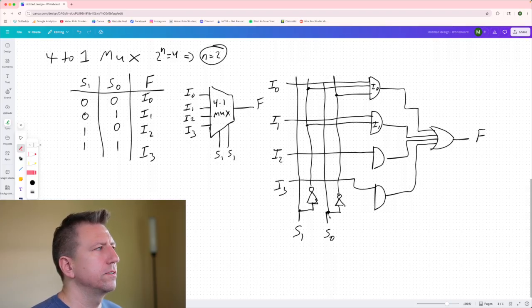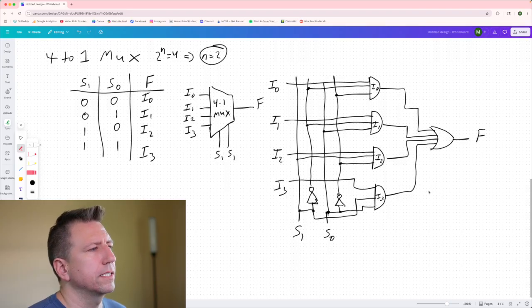And then S0 is already a 1, so we take the non-inverted line. And then for I2, we want 1, 0, so S1 comes in non-inverted, and S0 is inverted. And then for I3, we want 1 and 1. So I can take S0 from down here, and I can take S1 as well from down here, since I drew it poorly, and then just connect it right there.